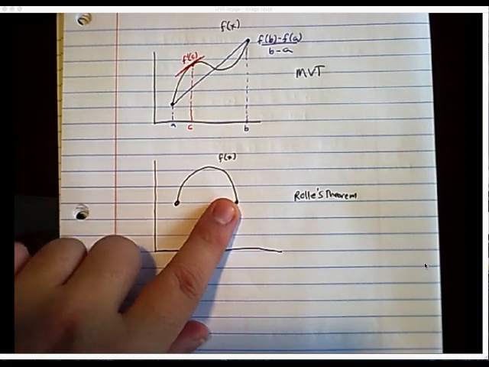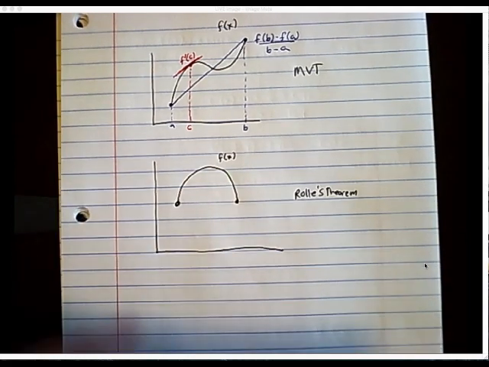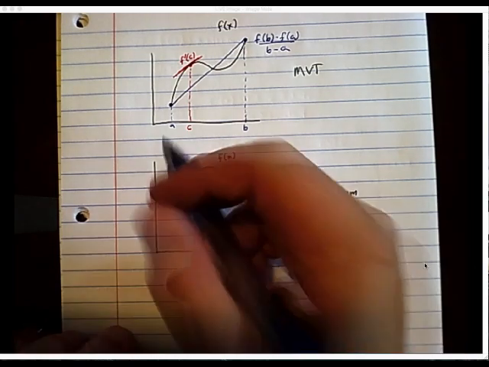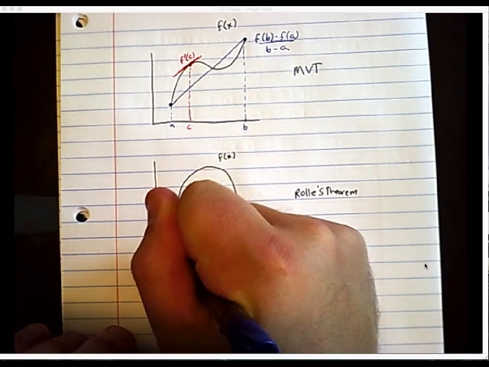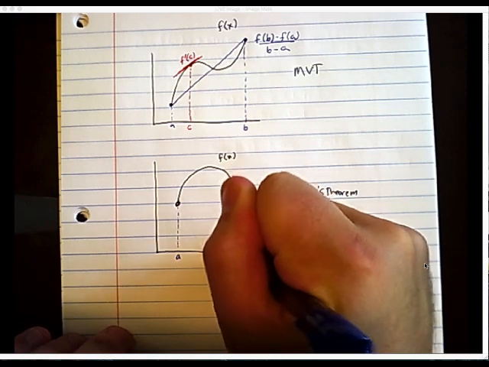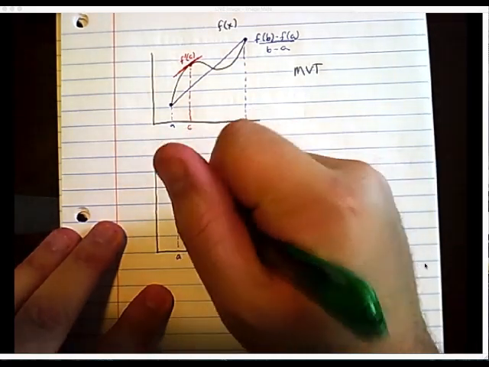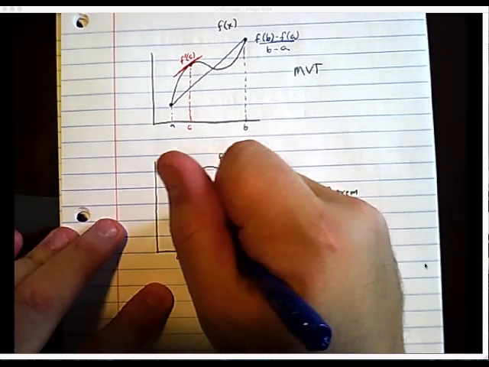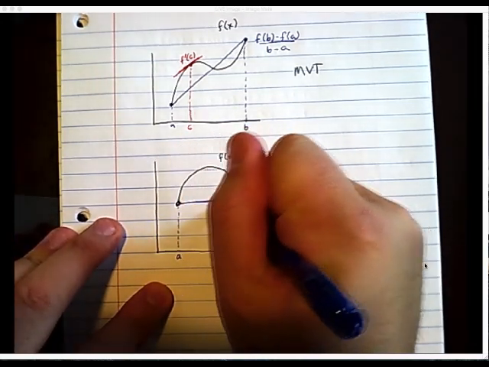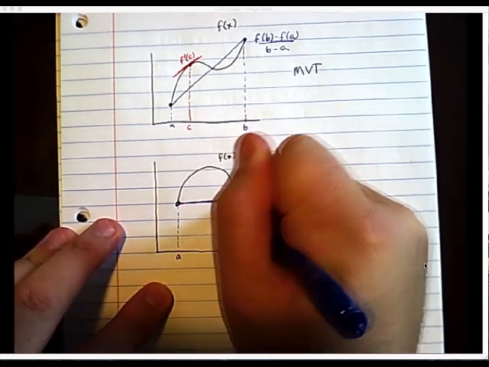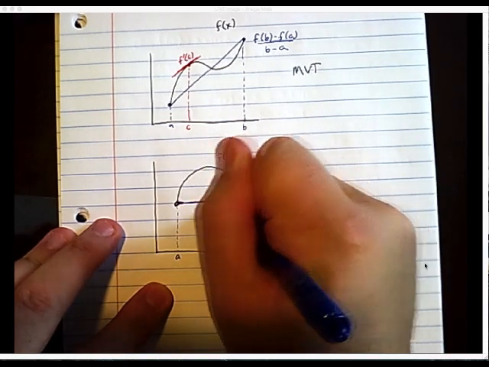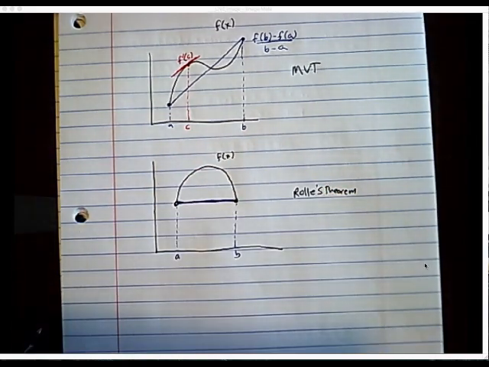This function has to be continuous and differentiable, which it is in this case. The only difference is, with Rolle's theorem, the slope of the secant line is 0. So the secant line is completely horizontal. It's a horizontal line segment.